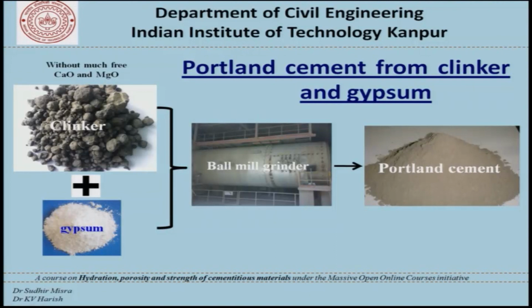So, once the raw materials come out after the burning process, it is called clinker, and we need to make sure that it does not contain too much free calcium oxide or magnesium oxide, and then it is added to gypsum, and both are fed into ball mill grinders, and once it is ground well, you get the material called Portland cement, which will be in fine particle form, and it is packed in bags and distributed.